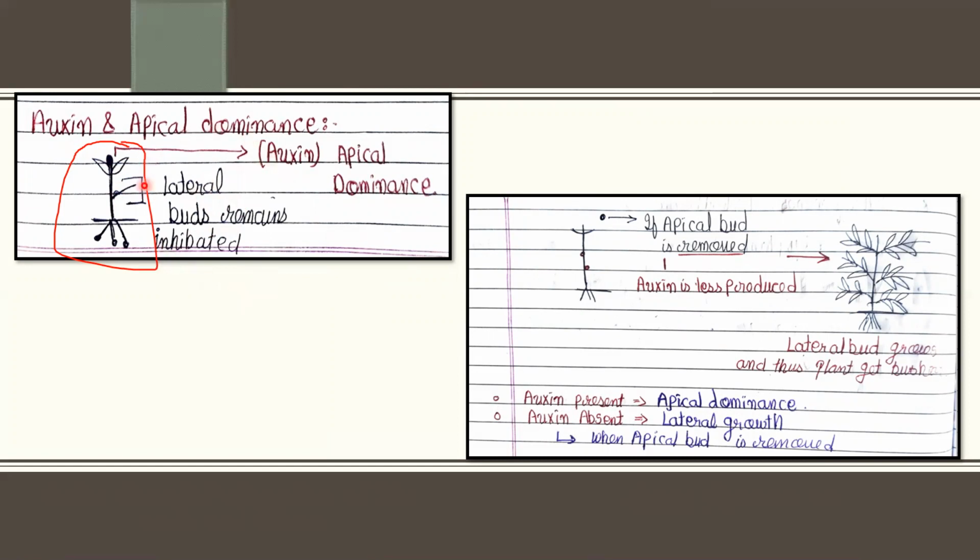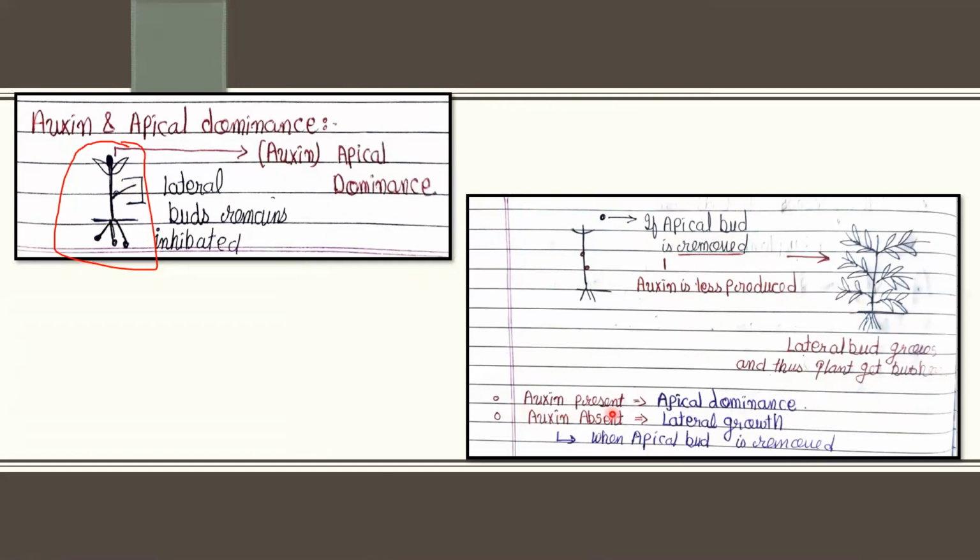So the growth of the lateral bud remains inhibited and the plant grows vertically. Now, if the apical bud is removed, auxin is not produced, and the lateral bud grows, and thus the plant gets bushier.